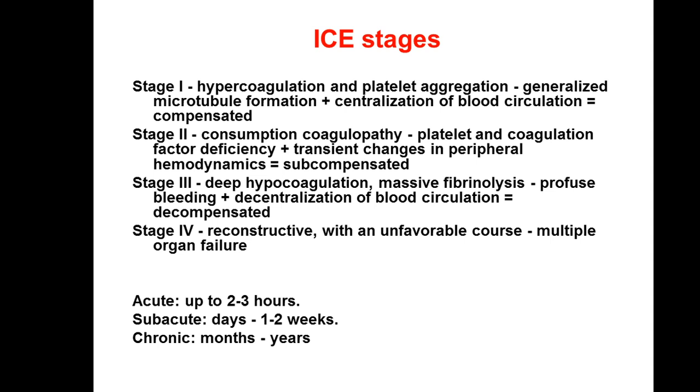In the hypercoagulation stage, we form generalized thrombus. On the second stage, we have consumption coagulopathy, when platelet and coagulation factor deficiency develops; this is the subcompensated stage. And the third stage is deep hypocoagulation, massive fibrinolysis, and profuse bleeding. This is the decompensated stage.